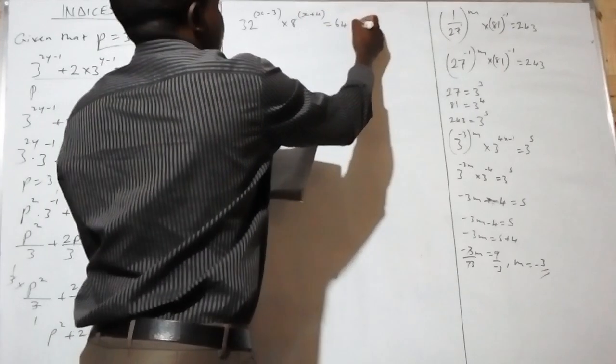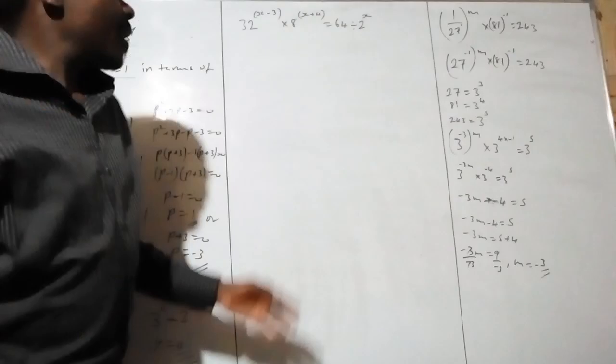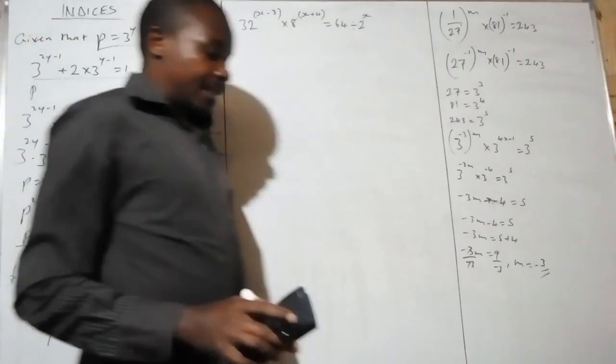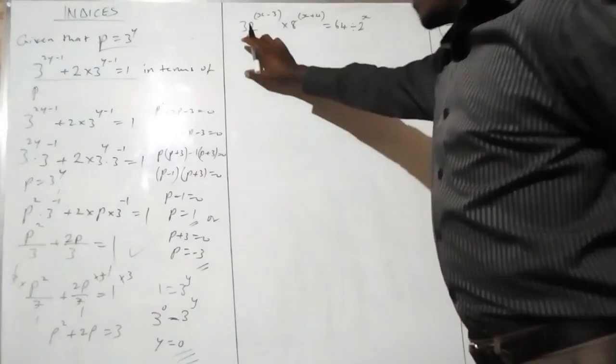Again, we are following the law of indices. We express 32 to base 2, 8 to base 2, 64 to base 2, and 2 on this side is to base 2. Yes, to base 2.